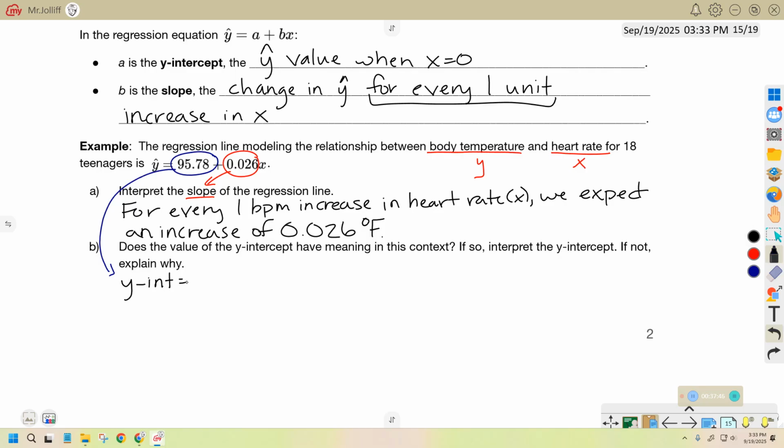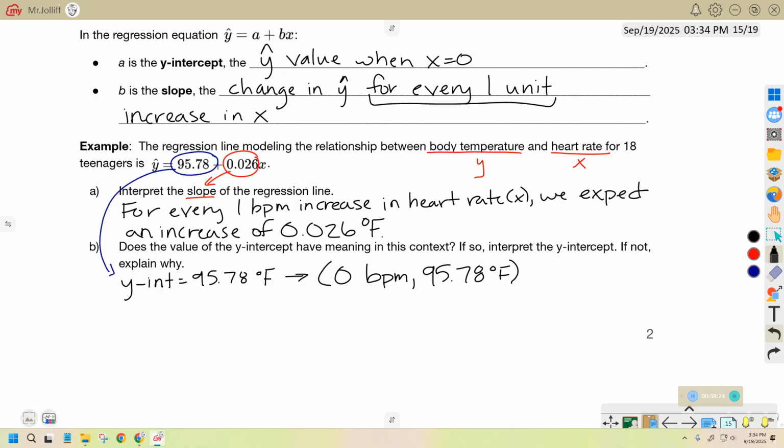So y is 95.78 degrees Fahrenheit, which represents on my graph the 0 BPM. The question is, is that a reasonable value in the real world? What does 0 BPM represent?